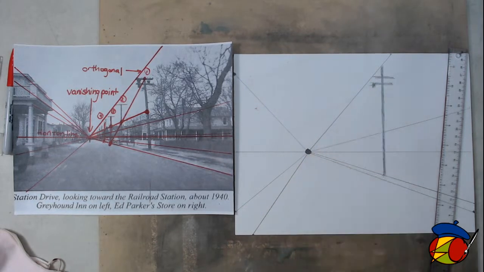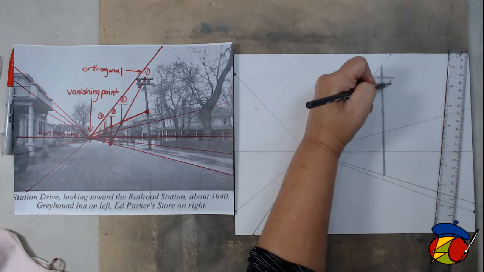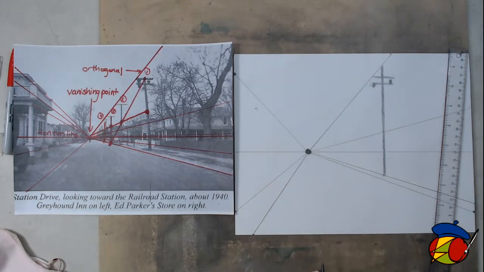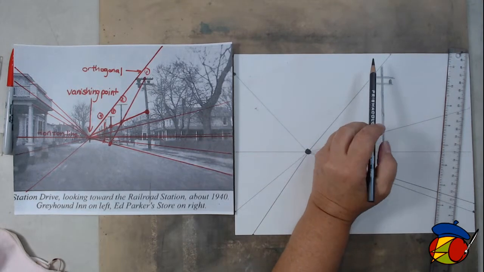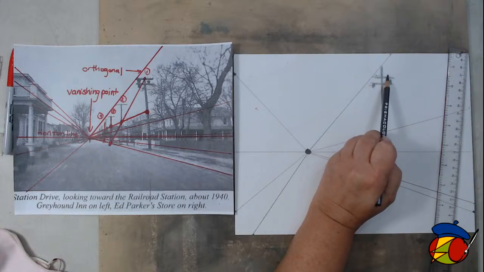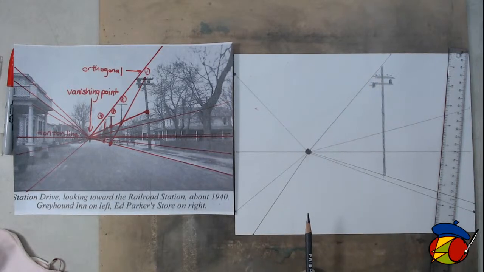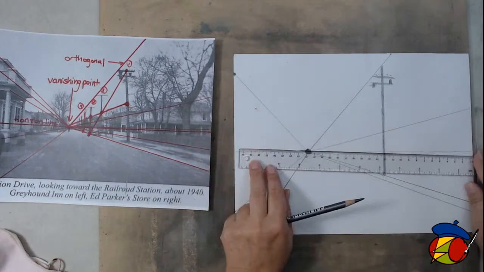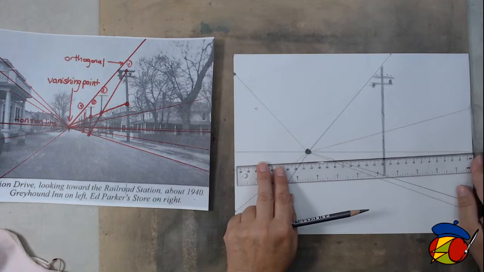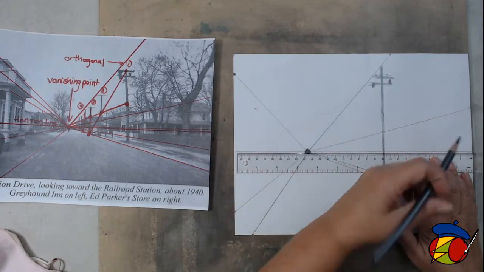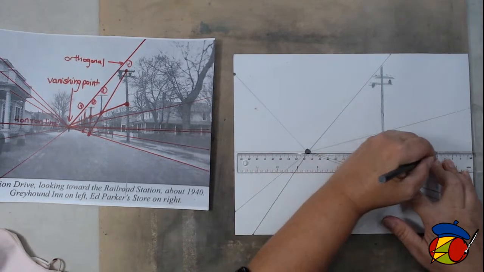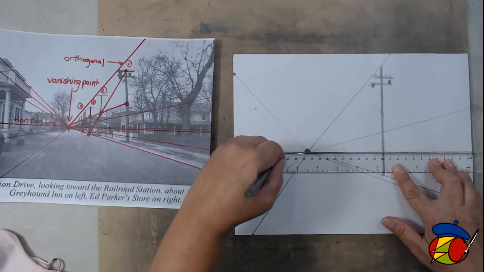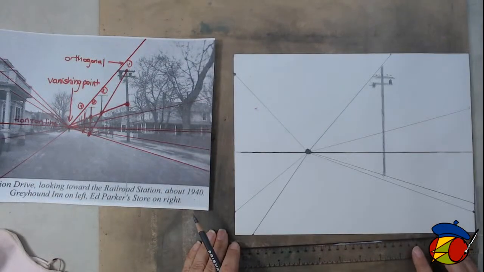Now, where the cross bars are on the telephone poles towards the top that hold up the wires, they're going to be parallel with the horizon line. I'm going to make the horizon line darker so that we can see that better. Okay. All right.